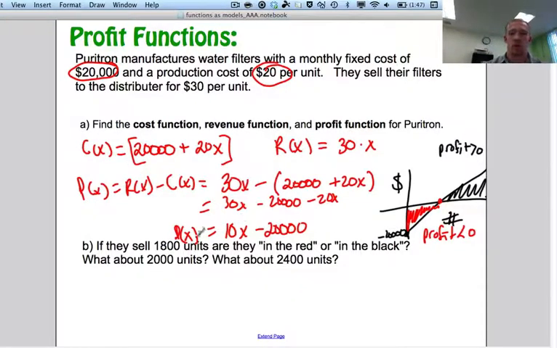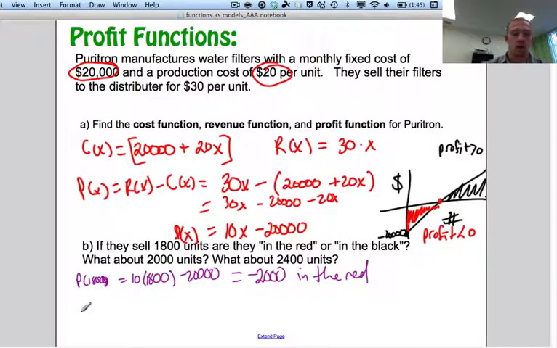So they sell 1,800 units, you just plug it in. P of 1,800 is 10 times 1,800 minus 20 grand, which equals negative $2,000. So that means they're in the red. If we plug in 2,000 units, you evaluate that and you actually get 0.